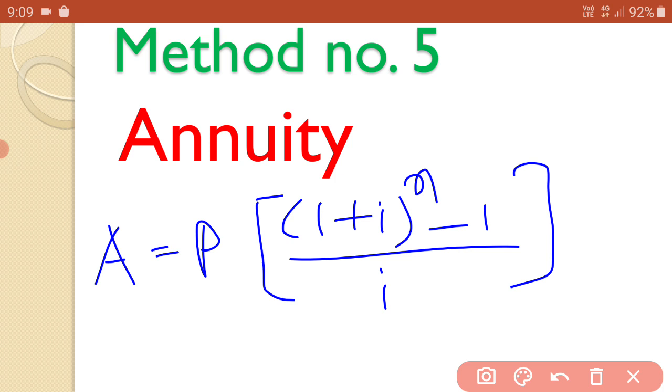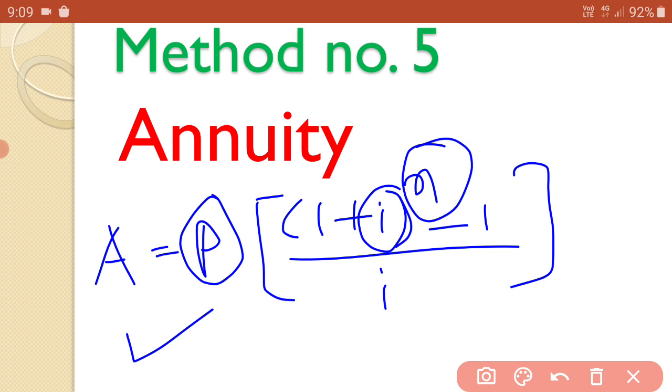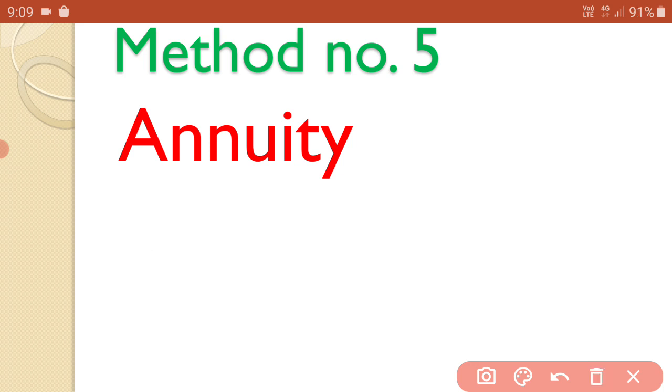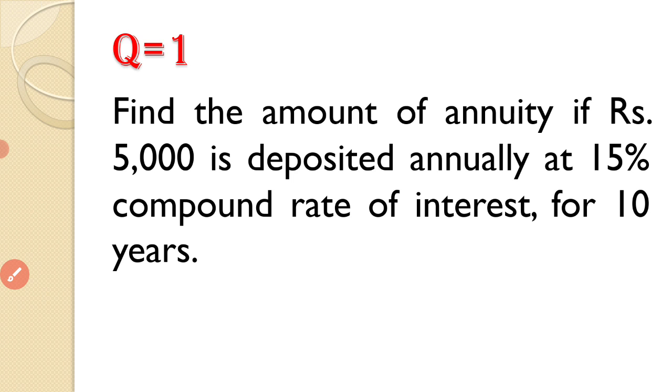This formula we are using. So just remember this formula. A is equal to P into bracket (1 plus i) raised to n minus 1 upon i. All of you know P is principal, i is R upon 100, n is equal to time period, otherwise number of years. Now we calculate question 1.